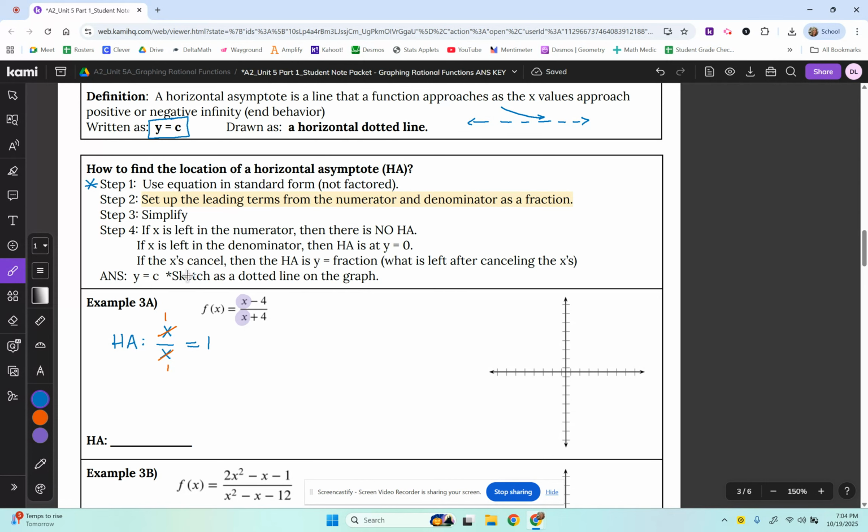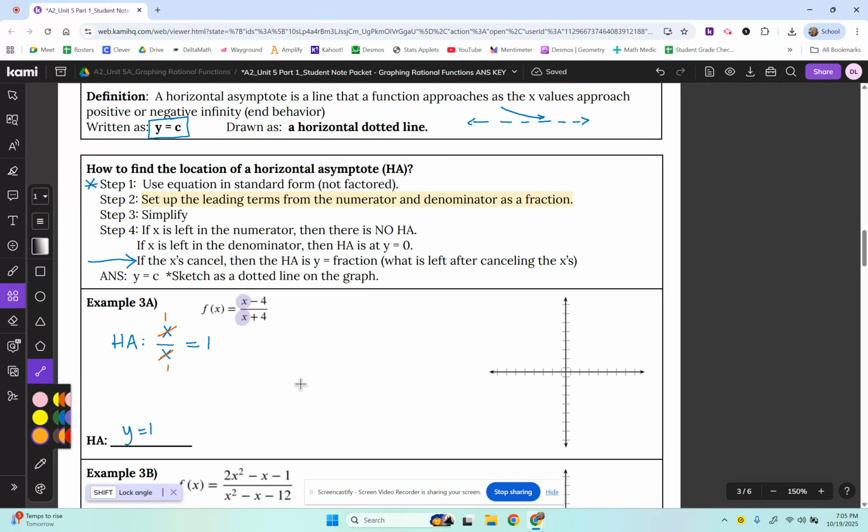Okay. So we're at this third example right here. If the x's cancel, x over x, then the HA, your horizontal asymptote, is y equals whatever number you got. In this case, our horizontal asymptote is 1, so we're going to write y equals 1.